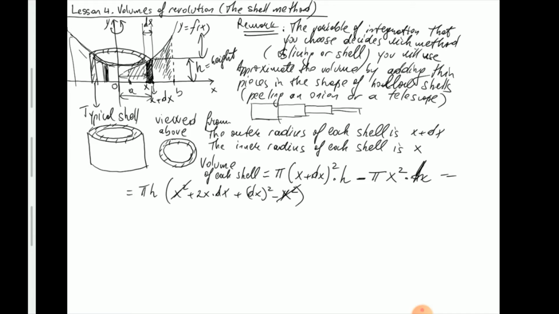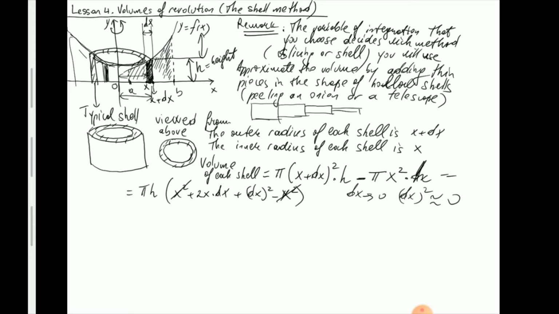And remember, as we take the limit of the number of points on the partition of these Riemann sums, dx goes to 0, and higher order terms that depend on dx can be neglected. So this quantity can be discarded because it's even smaller. If dx goes to 0, dx squared goes even faster to 0. So that doesn't contribute anything to the limit when we take the Riemann sum.